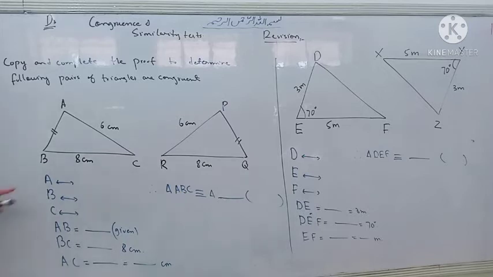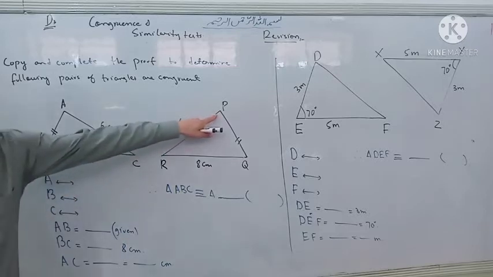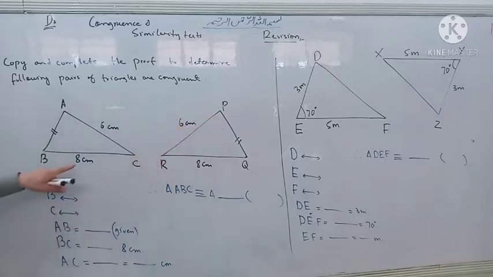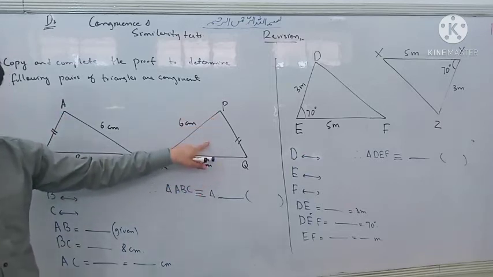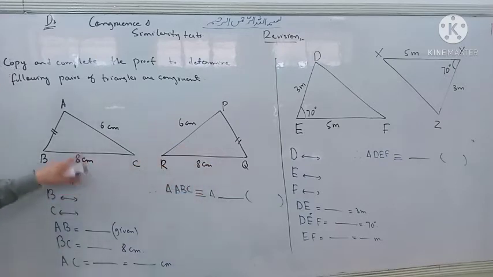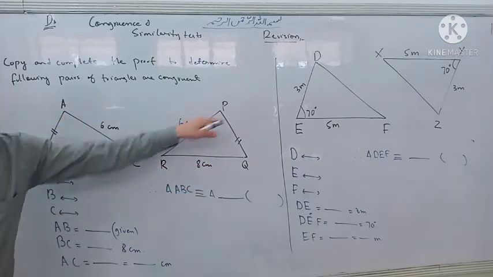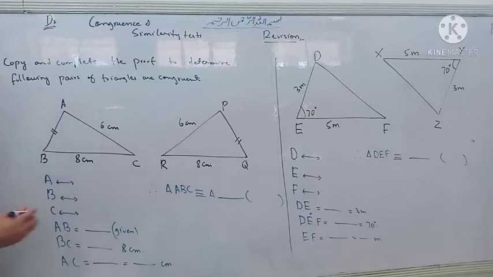So A has the corresponding vertex P. Why? Because A is in front of 8 and here P is in front of 8, right? 8 centimeters, 8 centimeters. So A and P are the corresponding vertices.